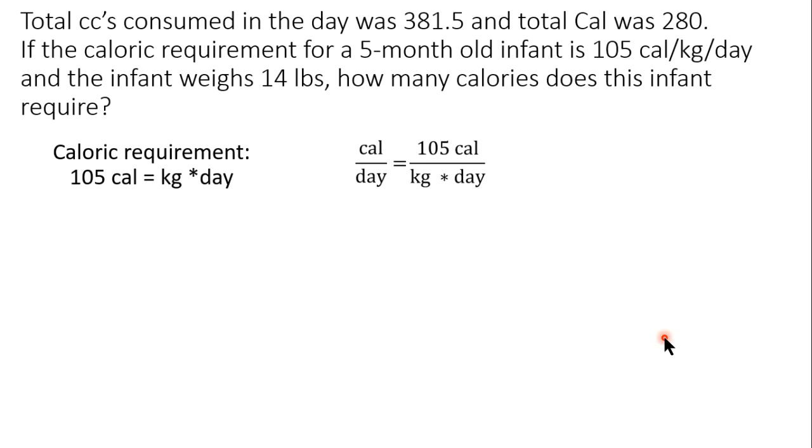And then we have the weight in pounds, so we need to convert to kilograms. So times 1 kilogram over 2.2 pounds times 14 pounds over 1. The kilograms and the pounds cancel out. So we have 105 times 14 divided by 2.2, which gives us 668 calories per day.